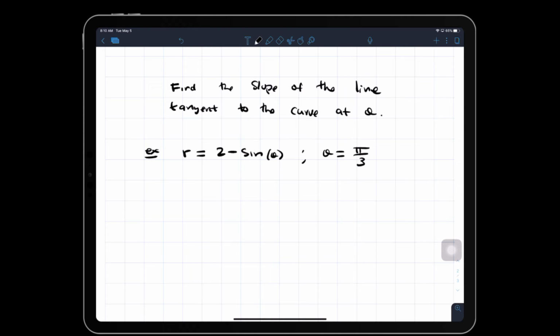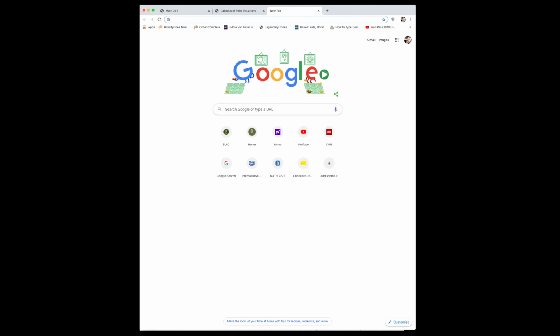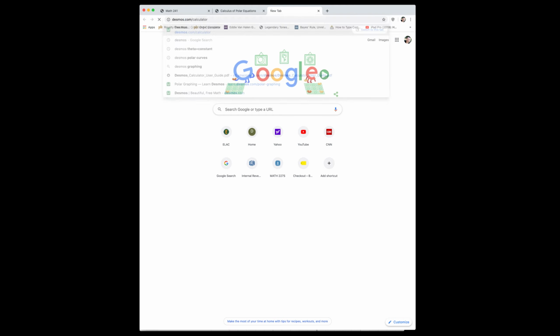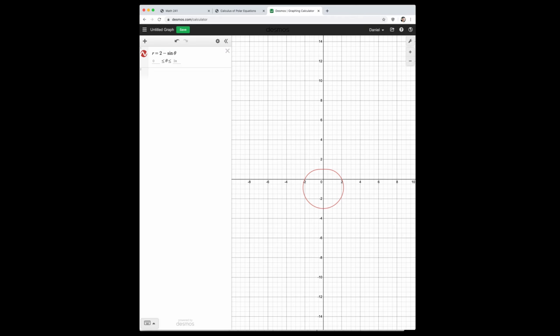Maybe we should go to the browser and go to our famous website just to show you what that might look like, what kind of curve we're talking about. r equals 2 minus sine theta, and that's not a circle.